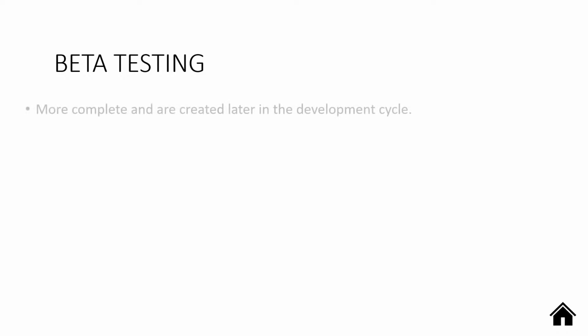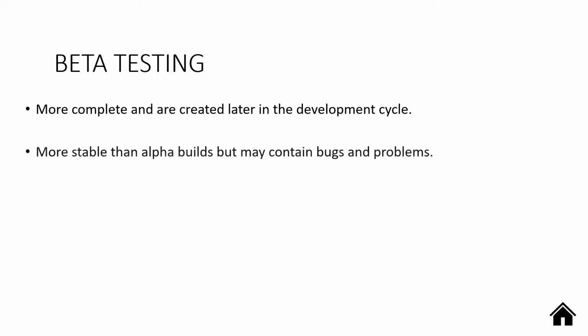Beta testing, okay. It's more complete. It's almost there. And it's done later on in the development life cycle. So it's more stable, and therefore we can allow other people to have a go and find bugs. And nowadays, we're smart enough to put analytics on our systems that automatically report crashes back to the developers.